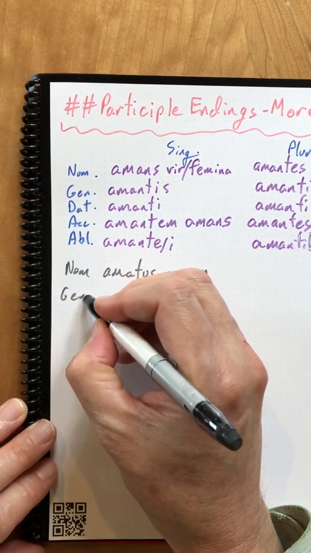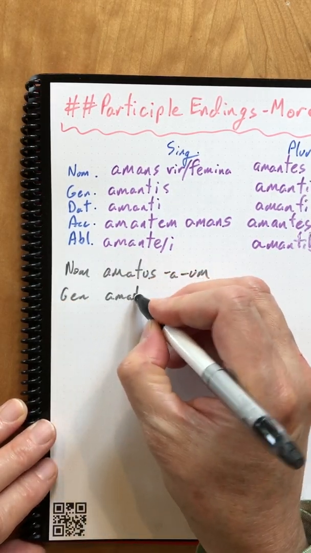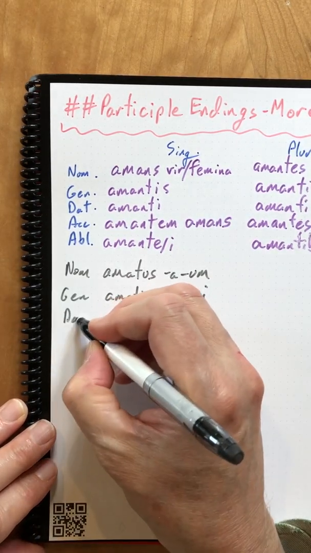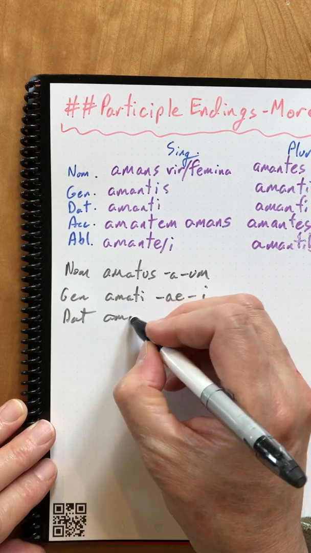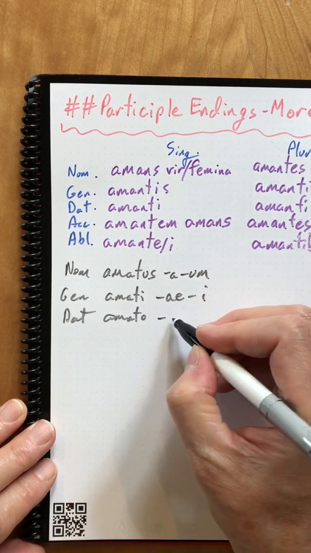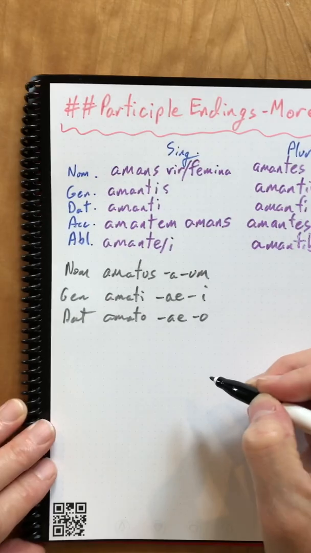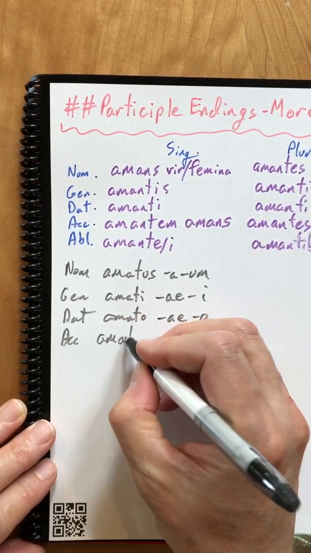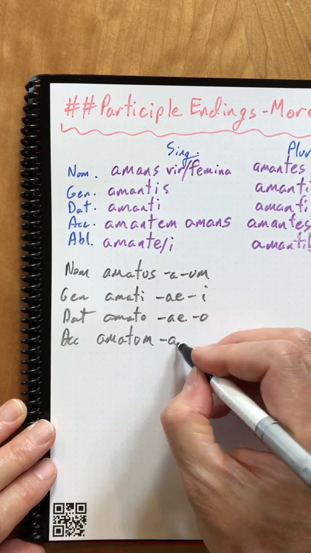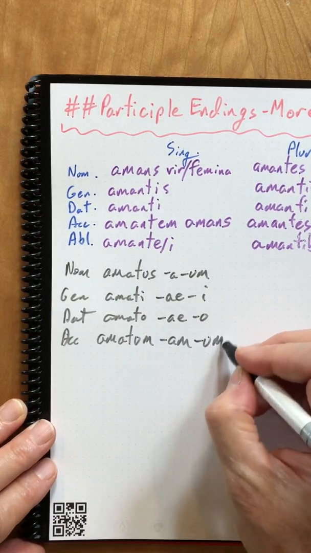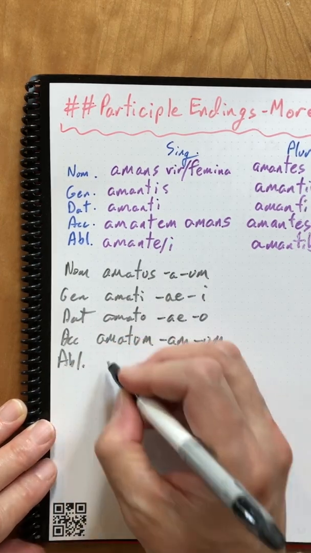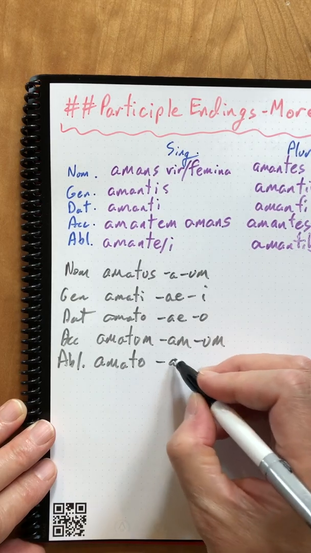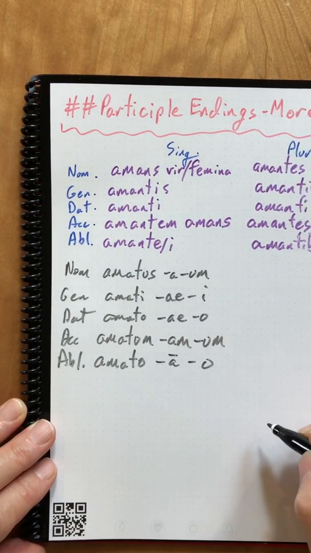The genitive is going to be amati, I, E. Dative is amato, I, O. Accusative is amatum, and the ablative is amato again, with the long A and O.